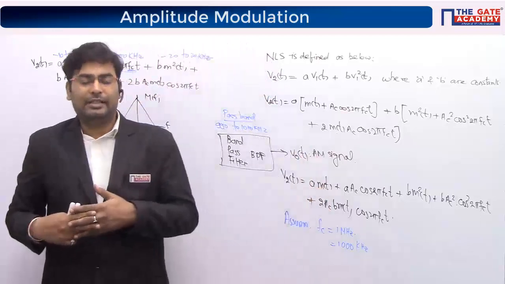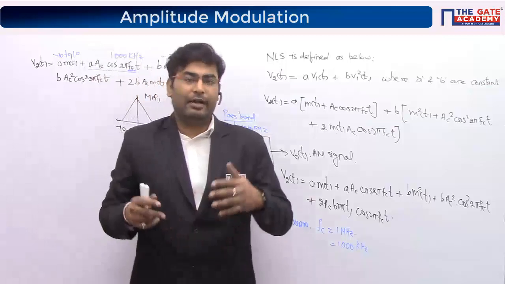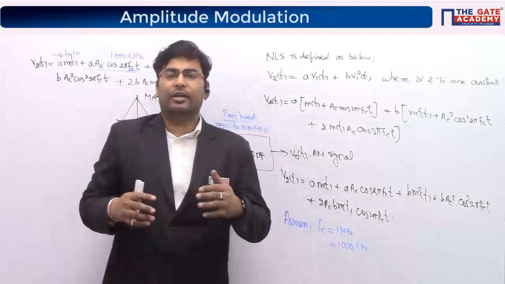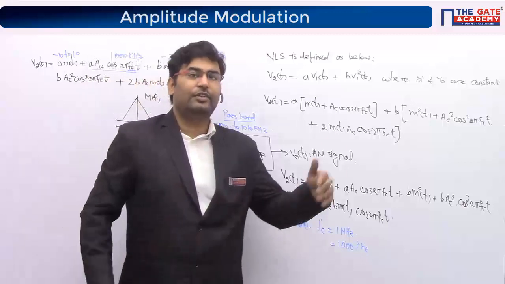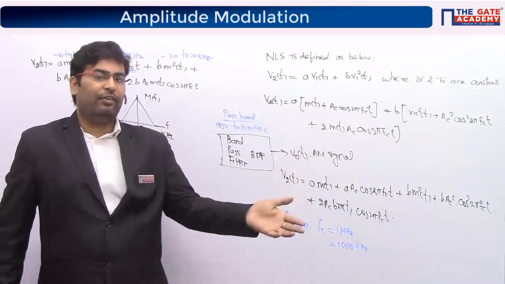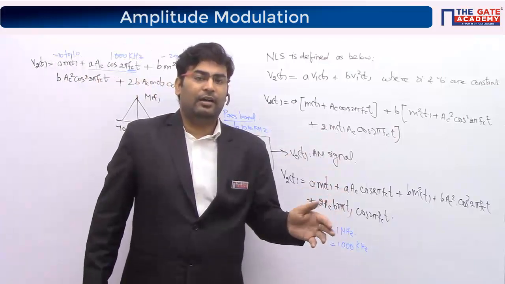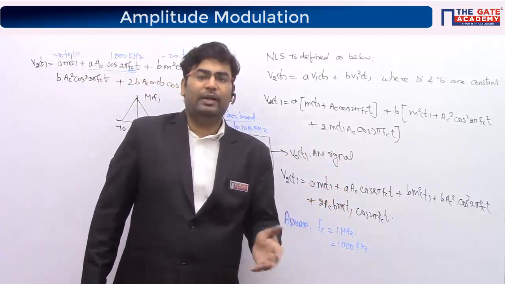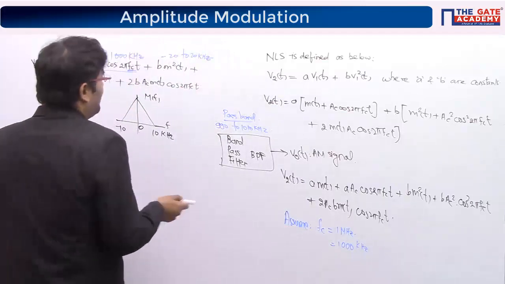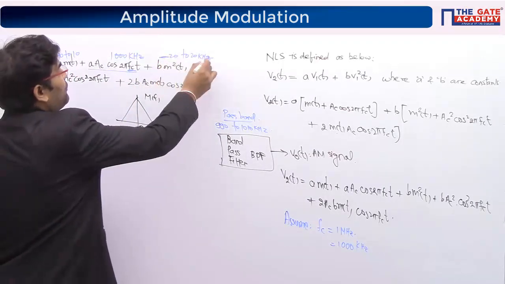If you have studied signals and systems properly, multiplying two signals is like convolution in the frequency domain, which is M(f) convolved with M(f), divided by 2 pi if it is omega, otherwise just M(f) convolved with M(f). That's why it gives you minus 20 to 20.